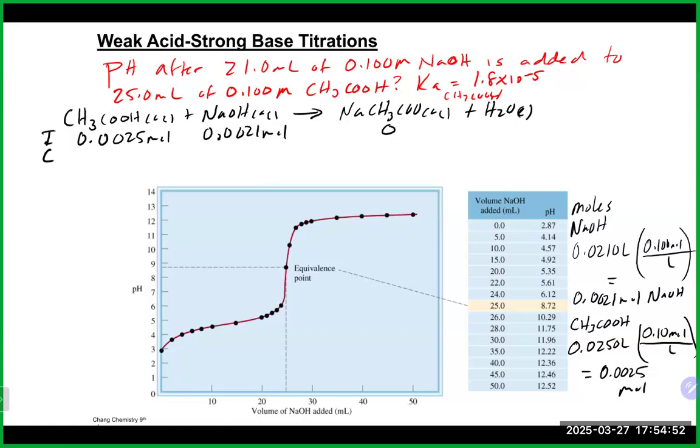Obviously, at this point, we should know where we're at. We are before, at, or after the equivalence point. We are before. Once again, this is what we're adding. This is what we started with, and we obviously have fewer moles of what we're adding than what we started with, which tells us we are definitely before the equivalence point. That means you should really know what we end up with here. So let's see if it is what you think. The change here should be our sodium hydroxide.